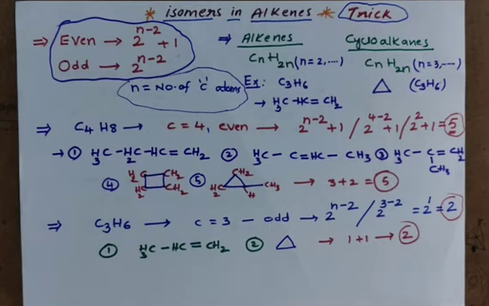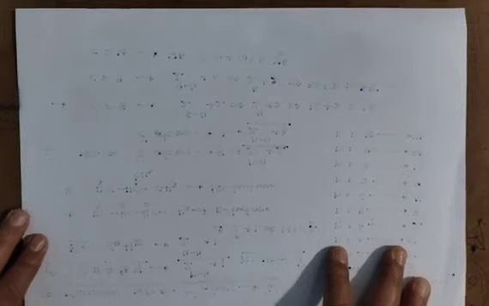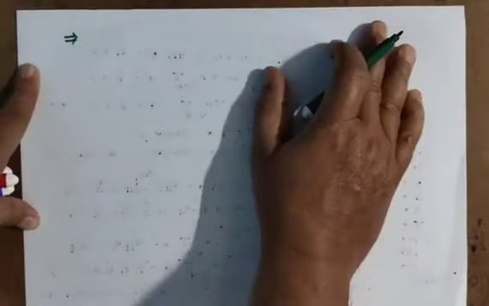For that, you simply remember degree of unsaturation. So sir, how can we know whether the given compound has a double bond or not? For that you have to remember degree of unsaturation. I made a video also, you go and search.